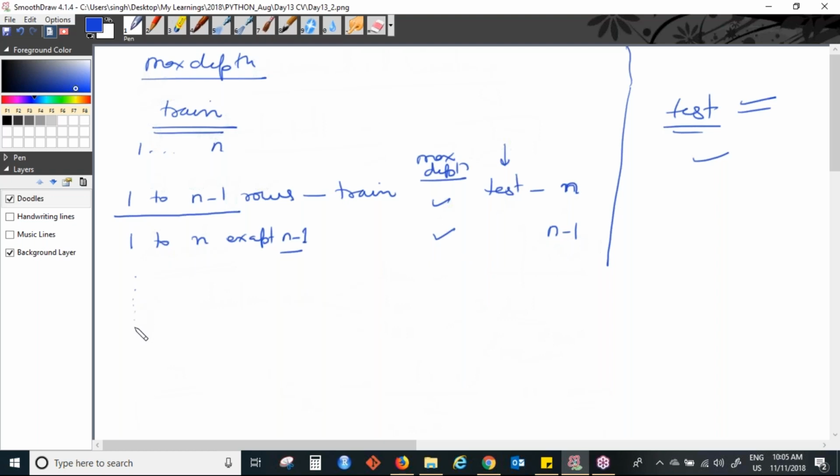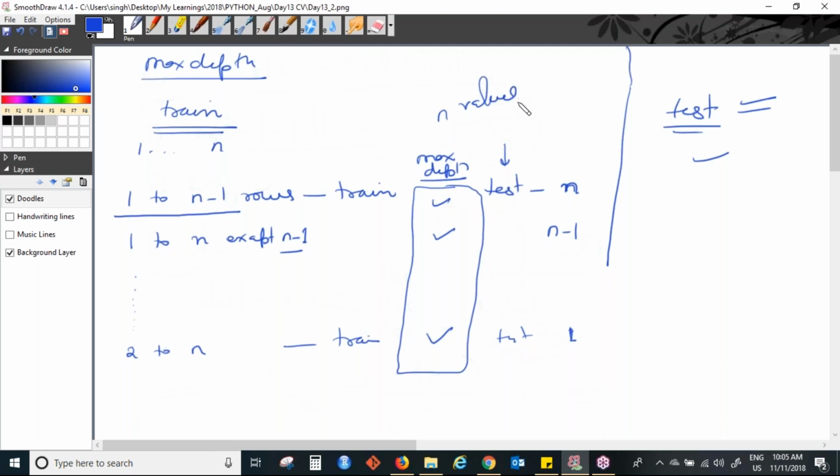This process will repeat. At the last you will see that it will start from 2 to n. 2 to n will be my train, and my test data will have the first row, and again I will calculate the value of max depth. So how many values of max depth will I get? I will get n values of max depth.